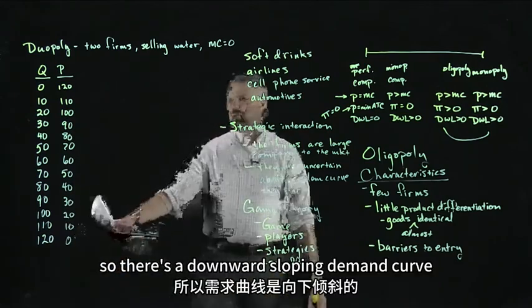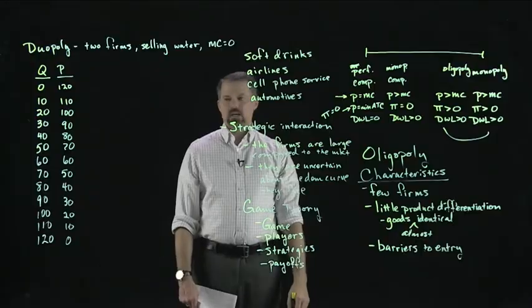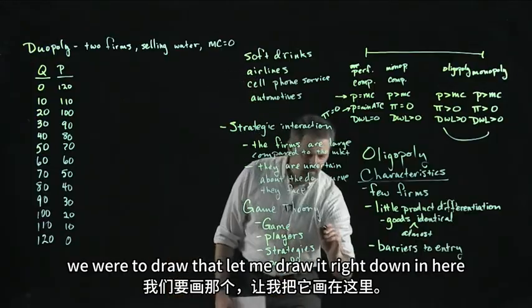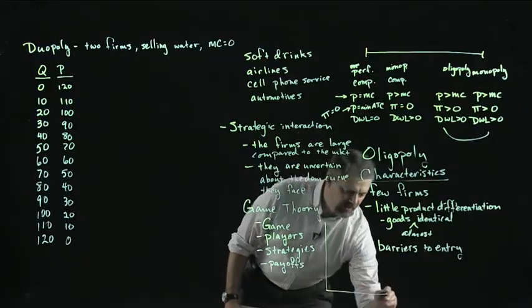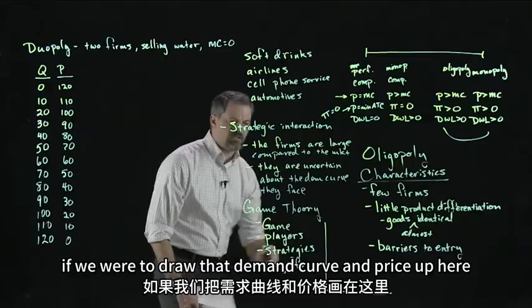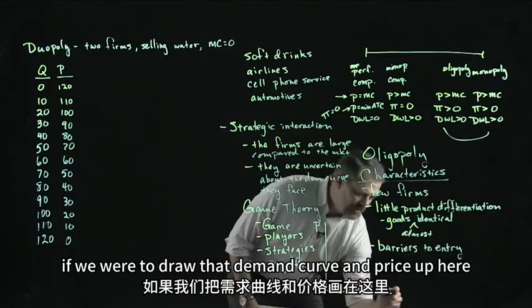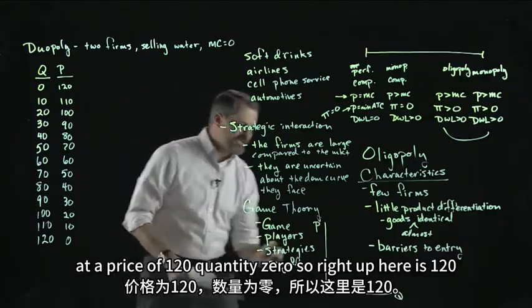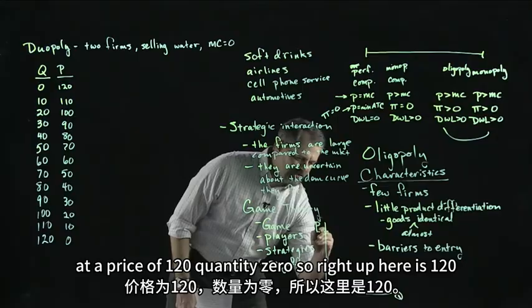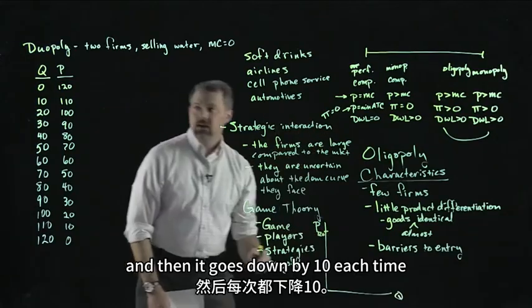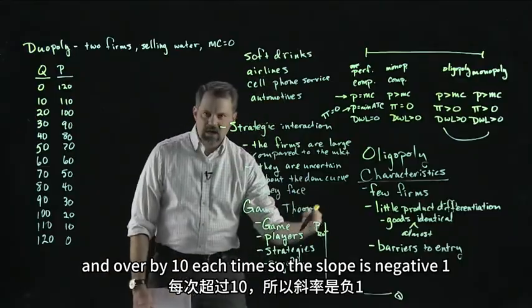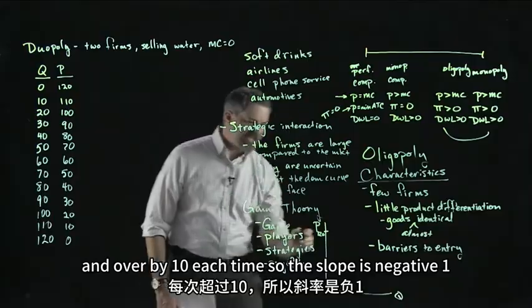So there's a downward sloping demand curve. If we were to draw that, let me draw it right down in here. If we were to draw that demand curve, price up here, quantity down here, at a price of 120, quantity 0, so right up here is 120. And then it goes down by 10 each time and over by 10 each time, so the slope is -1.